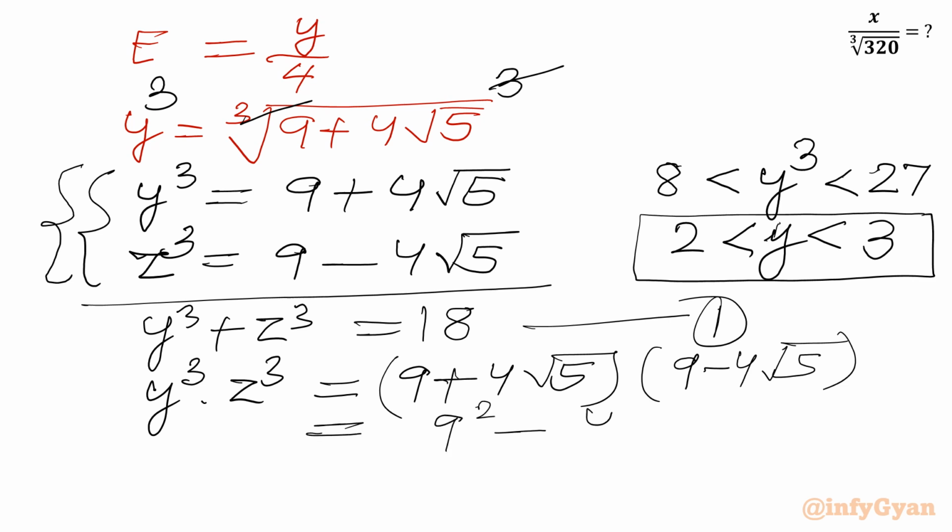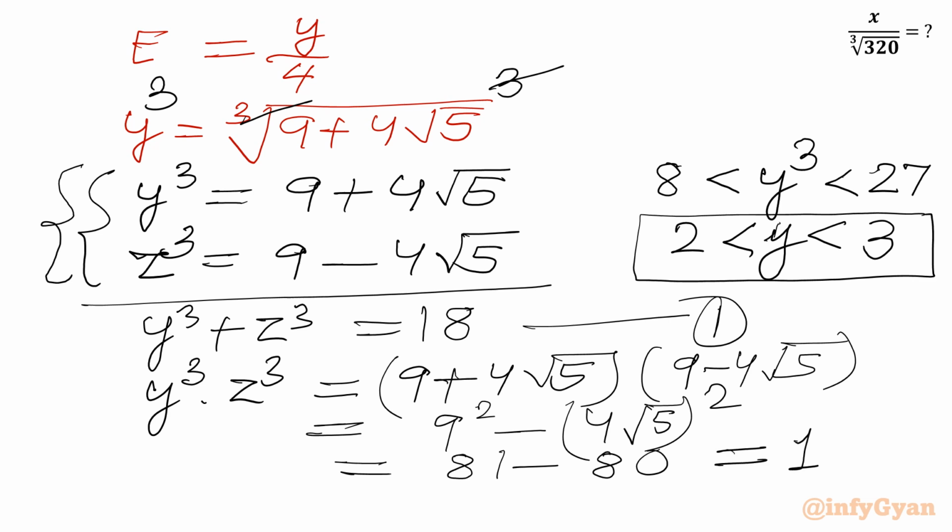So 9 square minus (4 root 5) whole square, which will be equal to 81 minus 80. So this difference will become 1, or we can write 1 cube. Now for real y and z, I will consider cube root both sides and we will get yz equal to 1.